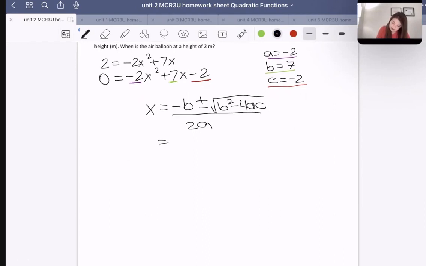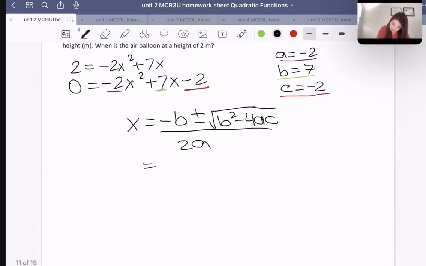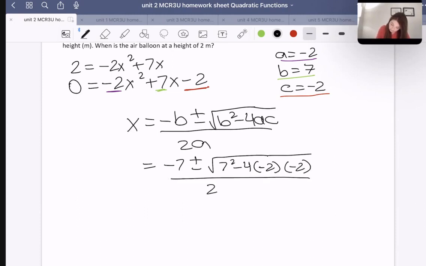So a is negative 2, b is 7, 4 times negative 2, and they're both negative 2, okay, over 2 times a, which is negative 2. Okay, so my next step, I would like to figure out what numbers are in our square root sign, so I'm going to ignore almost everything else and just find out what numbers are in there.